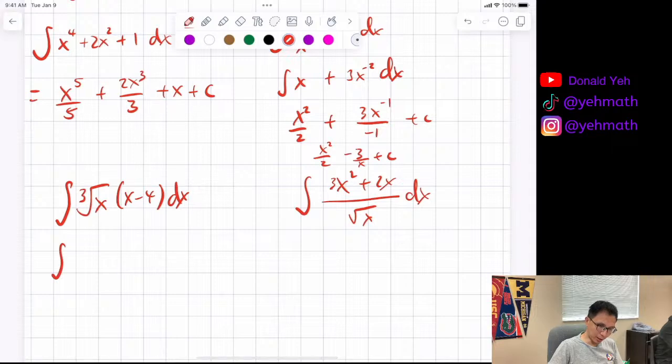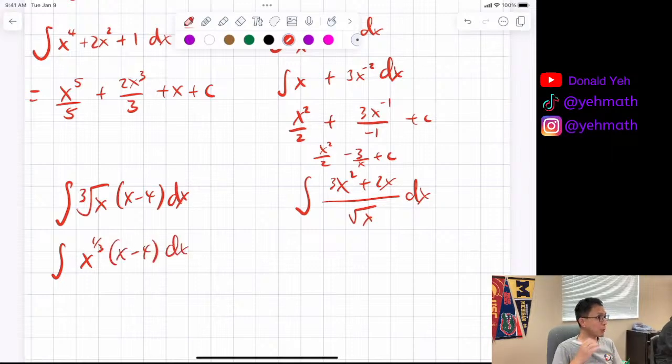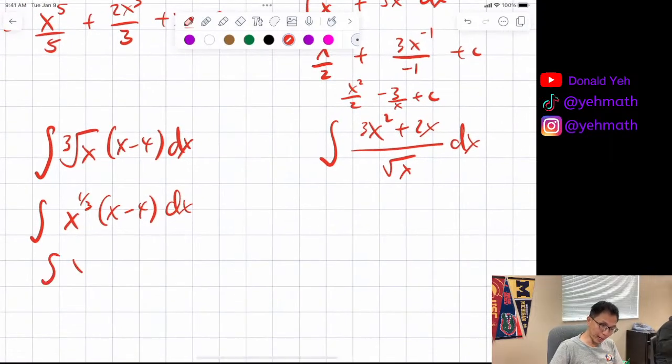You can distribute this, so that's going to be x to the 1/3 times x minus 4 dx, and you can distribute this x to the 1/3. So if you distribute x to the 1/3, it's going to be x to the 4/3 minus 4x to the 1/3 dx. Oops, my bad.